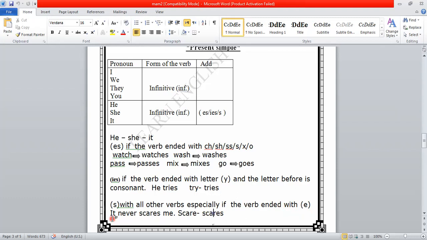Like this sentence, it never scares me. The main verb is scare in the infinitive form. It will be changed to scares by adding s at the end of the verb.